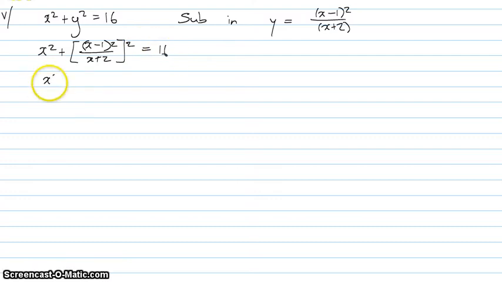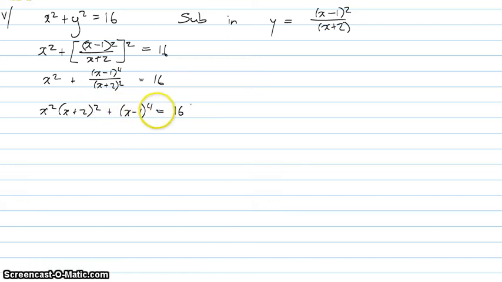This gives me x squared plus (x minus 1) to the power of 4 over (x plus 2) squared equals 16. Multiply the whole equation through by (x plus 2) squared, I get x squared (x plus 2) squared plus (x minus 1) to the power of 4 equals 16 (x plus 2) squared.